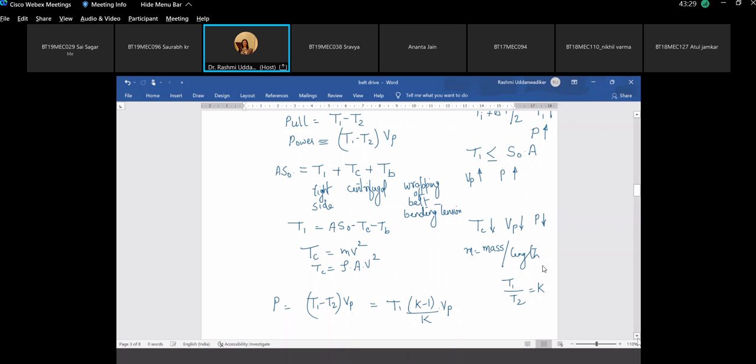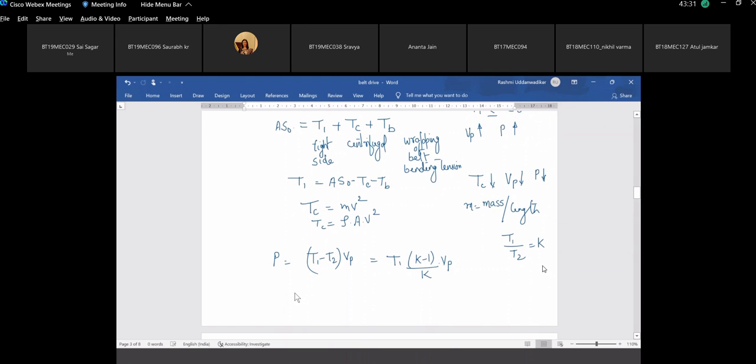So I am further rewriting this expression of power as K minus 1 by K. For a given belt pulley combination, this K will remain constant because the coefficient of friction for a belt and pulley material remains the same. The angle of overlap theta for a given diameter of pulley would remain the same, and so this K is constant.